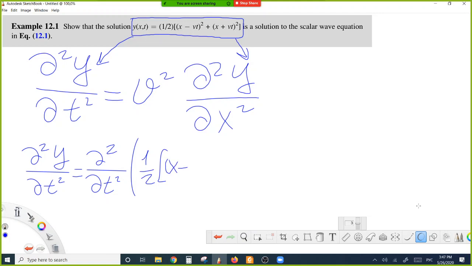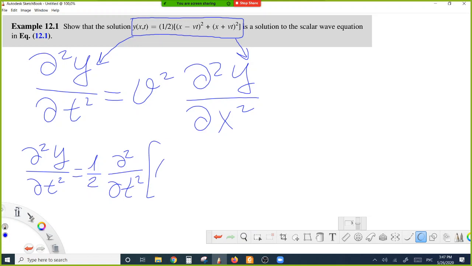Let me move 1 over 2 out of the bracket because 1 over 2 is constant. 1 over 2 d squared over dt squared of the function (x minus vt) squared plus (x plus vt) squared.